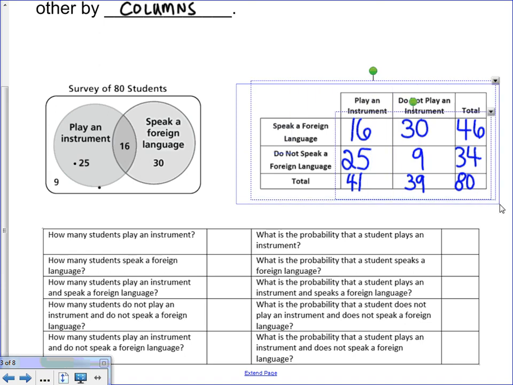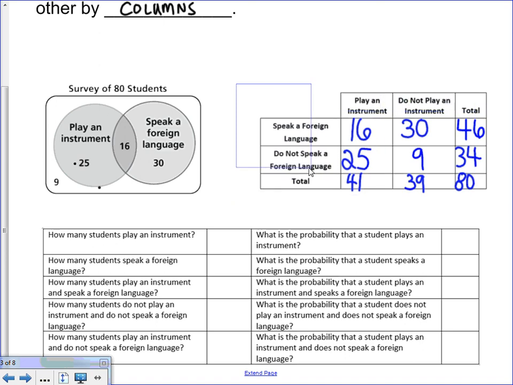So use the table to read that information for me. And on the other side of it, you're working with the same number, but now you want to do a probability. So think about basic probability from Monday. How could you calculate the probability? Again, I'll give you some time to fill those things in, and I'll be walking around.